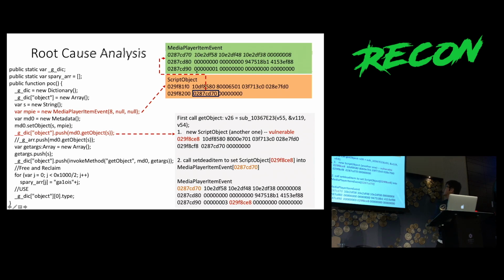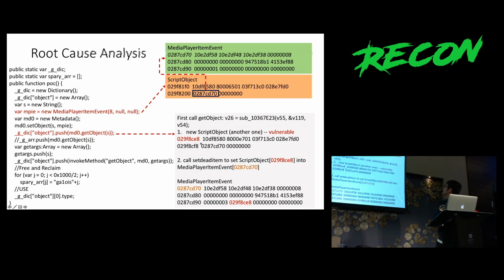The second important AS3 code is getObject. It did two important things. First, it makes a copy of the script object. Pay attention, the content of the script object is the same as the previous one, but the address is different.